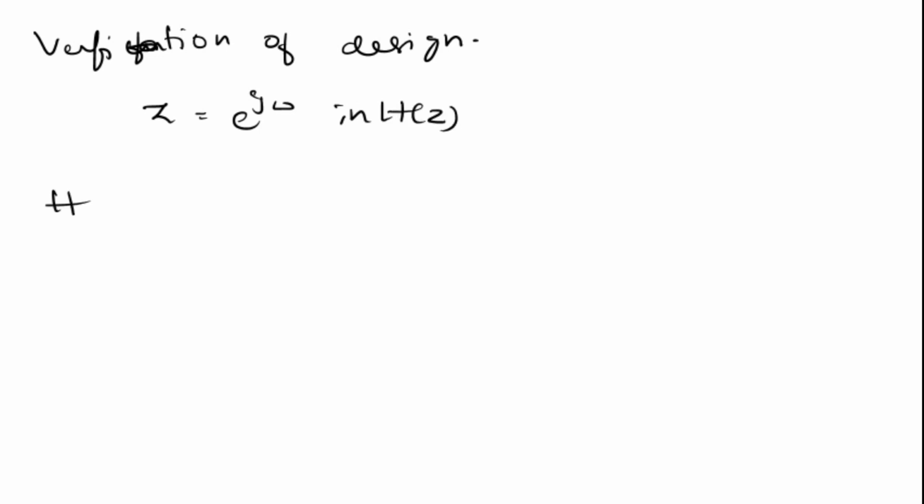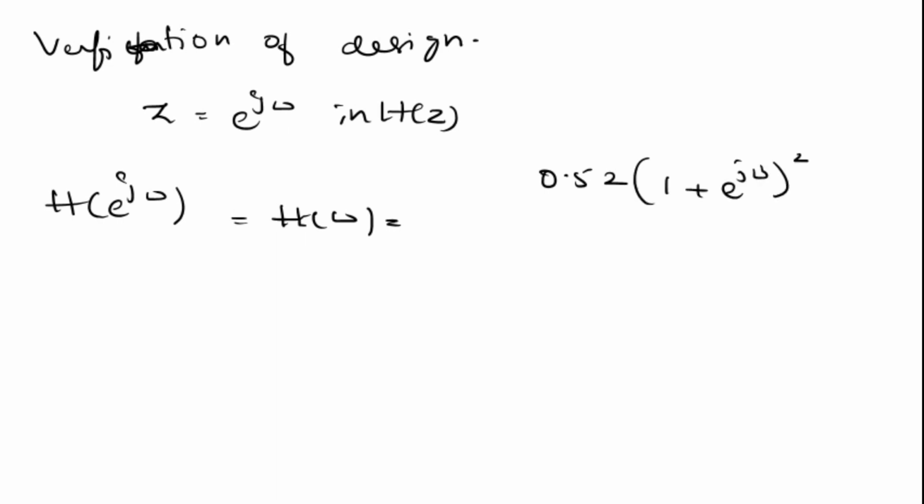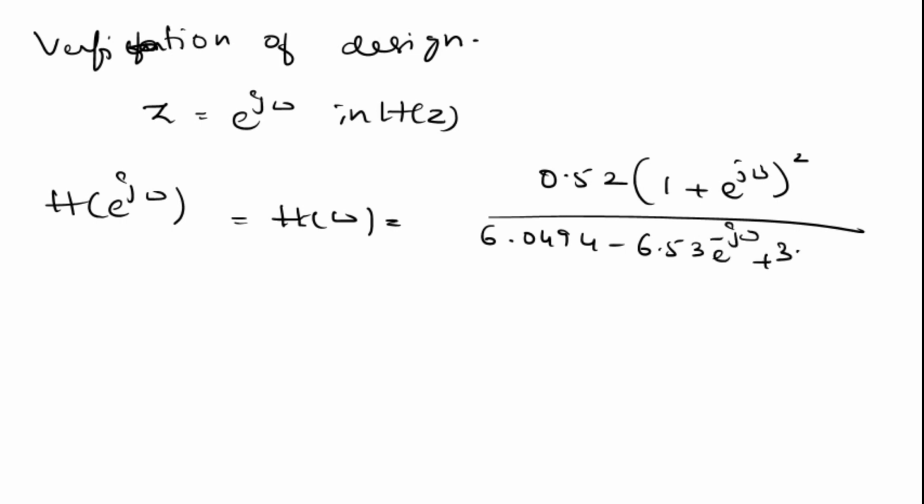That is h of e power j omega, which is h of omega, is equal to 0.52 into (1 plus e power j omega) whole square divided by 6.0494 minus 6.53 e power minus j omega plus 3.42 e power minus j2 omega.